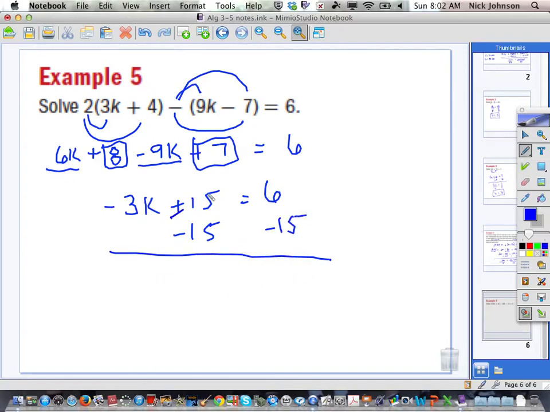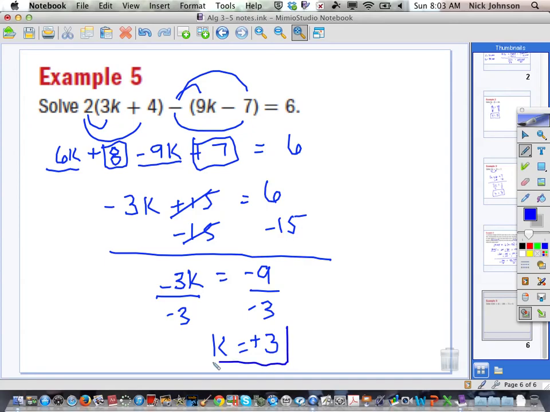I told you you're going to be annoyed by this. Negative 3k equals, what's 6 minus 15? A negative 9. Divide by a negative 3. Whatever I do to one side, I do to the other. K equals, a negative divided by a negative is positive, 9 divided by 3 is 3.